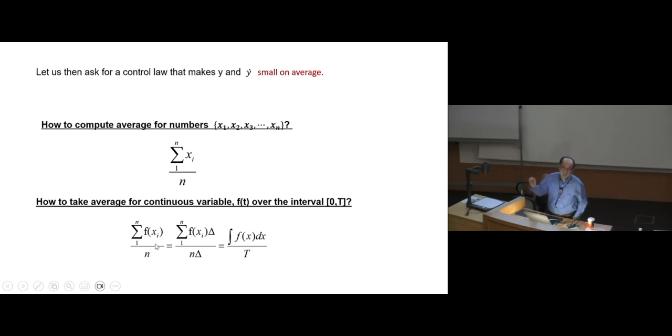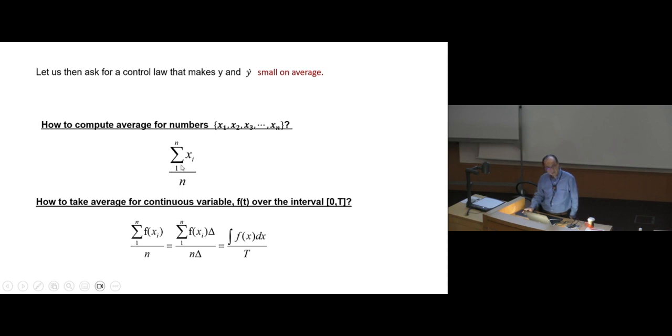But let's say you take the samples for a small interval, delta, you divide the whole interval into small segments. Then we multiply both sides by delta, the length of the small interval.